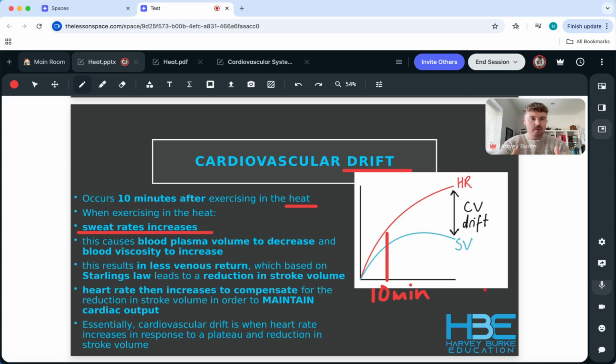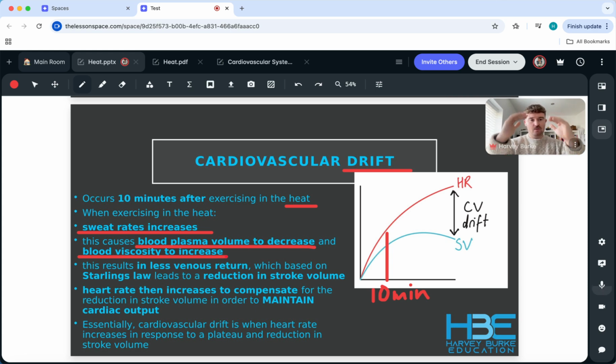If there's less blood plasma, we say that the blood viscosity increases. So viscosity means thickness. So if there's a higher viscosity, it means that the blood is very thick and it doesn't flow as well. So once you've mentioned that you're losing more water through sweating, you then say that that decreases your blood plasma volume, which increases your blood viscosity.